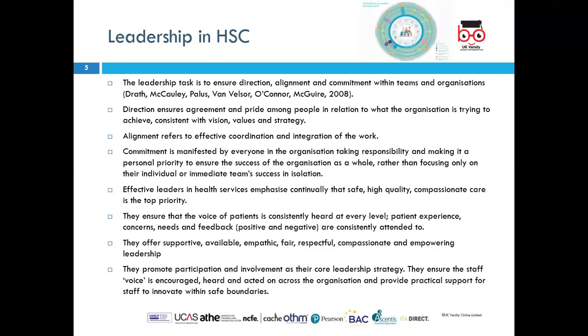And a good leader will offer support, will be available, will be empathetic, fair, respectful and compassionate, and they will empower you. That is what leadership is all about. It's not that they have the power and don't want to see you empowered. No, they will want to see you in that same position in some time.